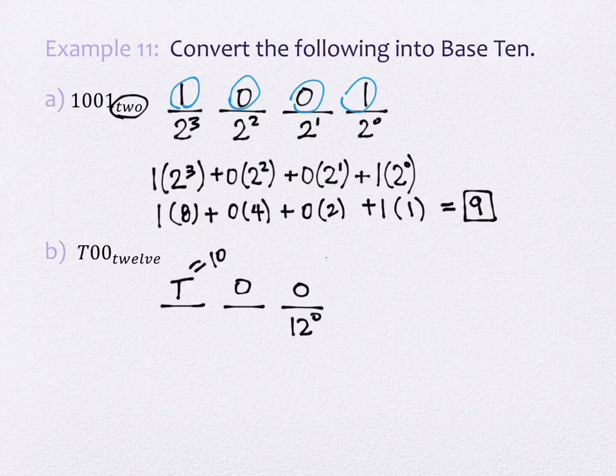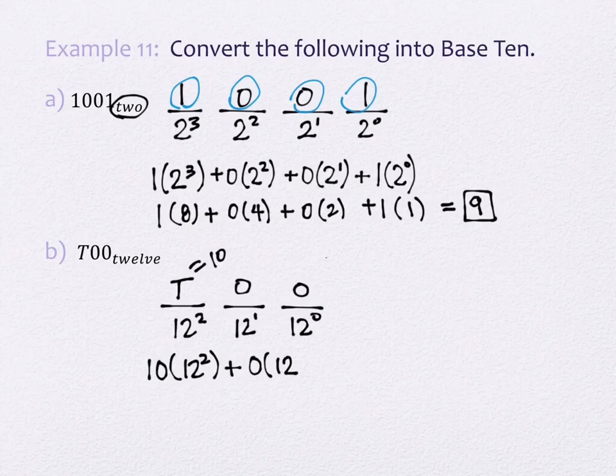So 12 to the 0, 12 to the 1, 12 squared. So there are 10 12 squareds. Again, I know there's zeros, but just play along for the moment. There are 0 12 to the firsts, and there are 0 12 to the zeros.